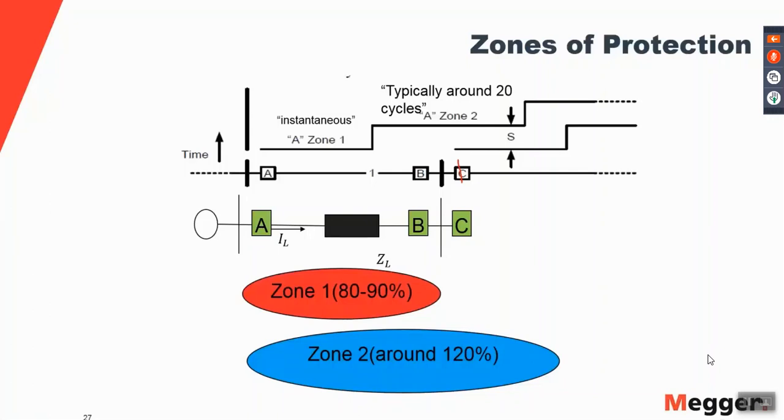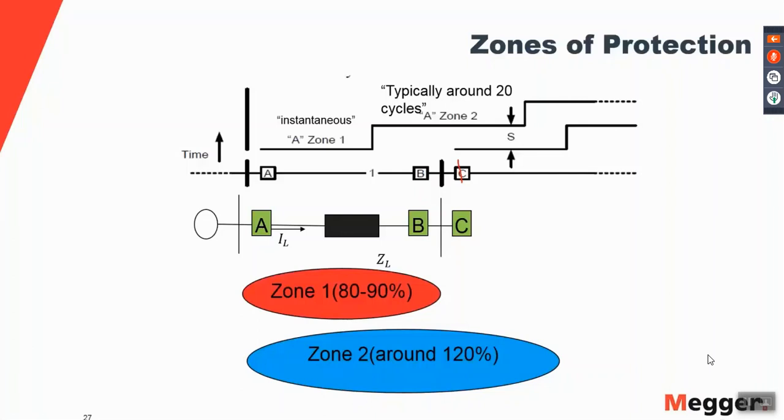Do I not have to trip? You would not want it to trip instantaneously for any fault beyond 80 to 90% of the total distance of the line. Why? Because those 10 to 20% inaccuracies are used to account for all the possible errors that go into the calculation of those impedances.